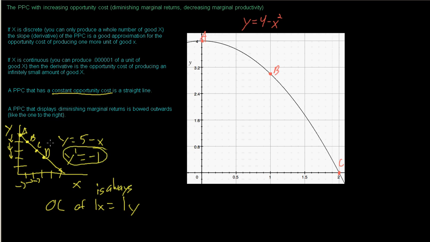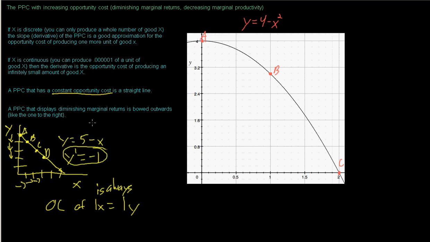So if you have constant opportunity costs, or a technology that displays constant opportunity cost, or constant returns to scale, which is another way to say that, and we'll talk about that, you're going to have a production possibilities curve that is linear. So what happens if you don't have a constant opportunity cost? And what is the situation that gives rise to that?